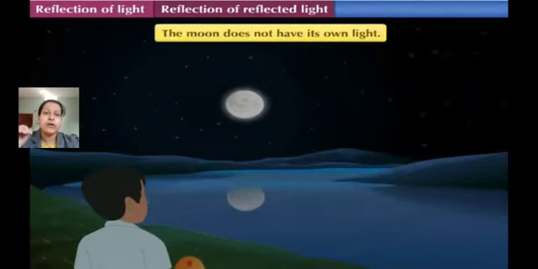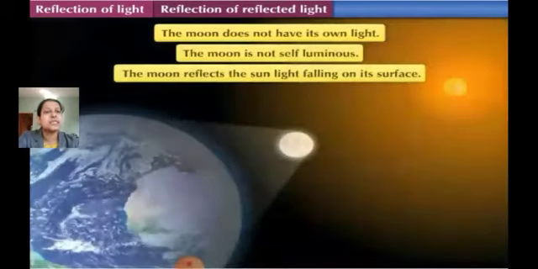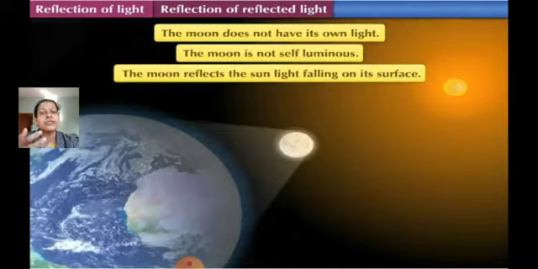We all know that the moon does not have its own light. The light the moon gets is from the sun. The moon is not self luminous, that means it does not give its own light, whereas the moon reflects the sunlight falling on its surface.